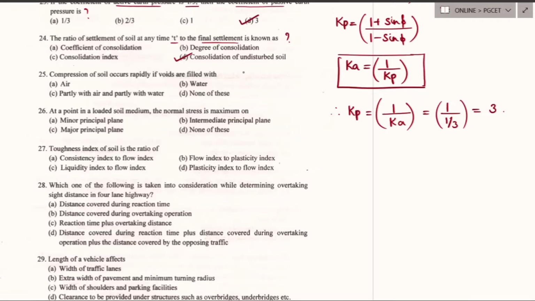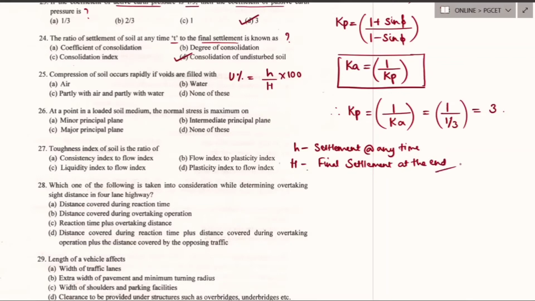And consolidation of undisturbed soil is given by formula U percentage is equal to h divided by H multiplied by 100, where small h is the settlement at any time and capital H is final settlement at the end of the consolidation of soil. So option D is the right answer.